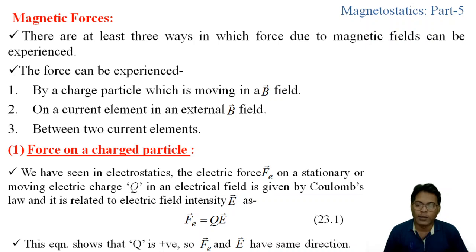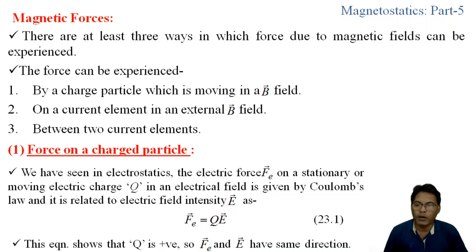Number one, the force can be experienced by a charged particle which is moving in a magnetic field. Number two, the force can be experienced on a current element which is placed in an external magnetic field. And the third one is the force between two current elements.